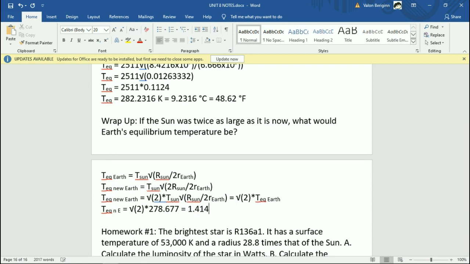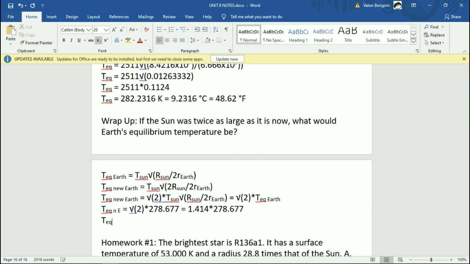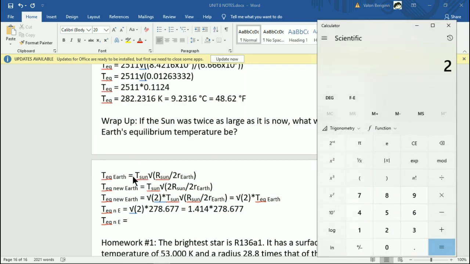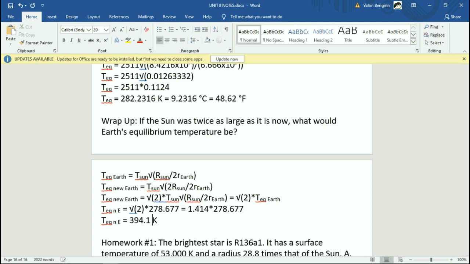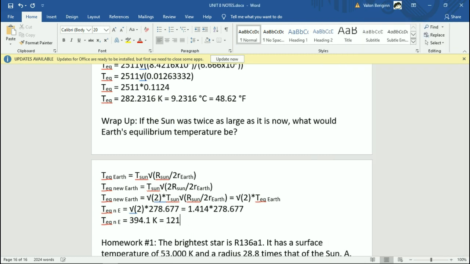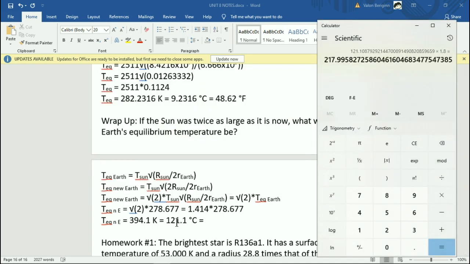So in other words, 1.414 times 278.677, which is 394.1 Kelvin. Which is 121.1 Celsius, which is 250 Fahrenheit.